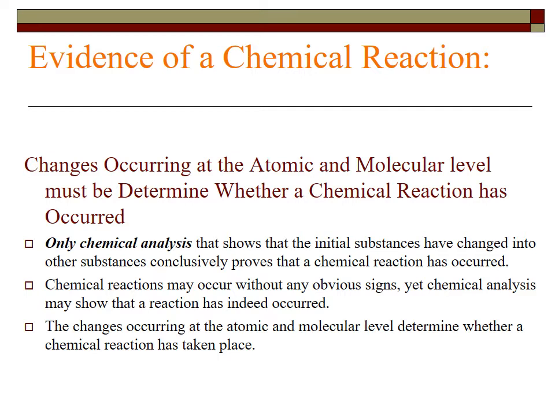We can't see these reactions with our naked eye, they're so small. But chemical analysis, such as mass spec and GC, can show us whether we actually have a chemical reaction.